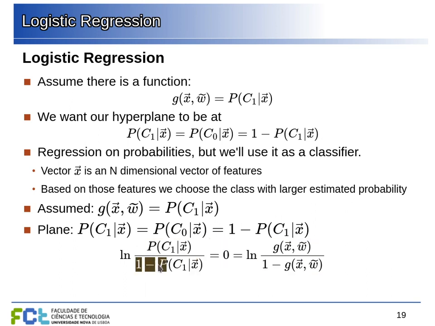So this fraction here is 1 and the logarithm of 1 is 0. Since we have this function approximating here, we know that this function should have this characteristic. At the discriminant, the logarithm of this fraction should be 0, because the fraction should be 1. In addition, we want the function to be a probability, so it must vary between 0 and 1.